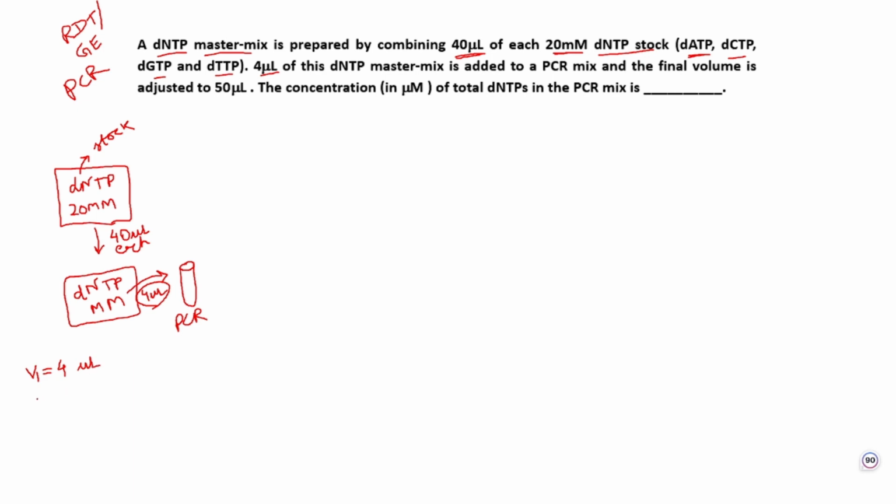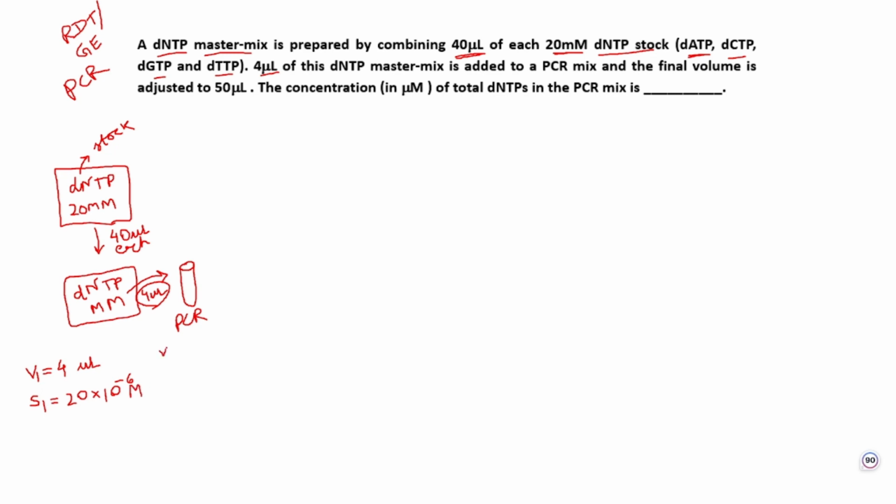So the initial concentration S1 will be 20 millimolar, or if you convert it to molar concentration, then it will be 20 into 10 to the power of -3.